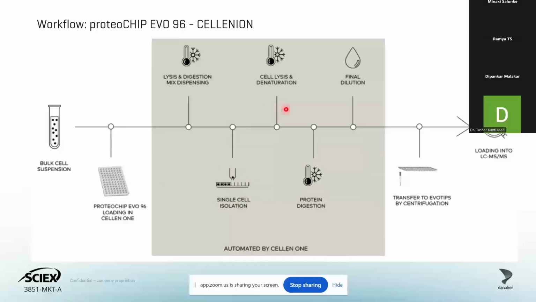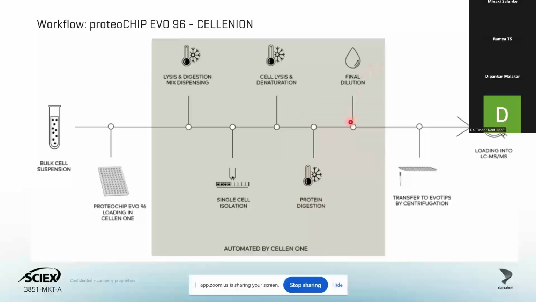And then we need to add the lysis and digestion buffer mix. A mix of lysis buffer as well as digestion buffer needs to be added to the single cell. And then digestion, trypsin or proteolytic digestion, will happen.